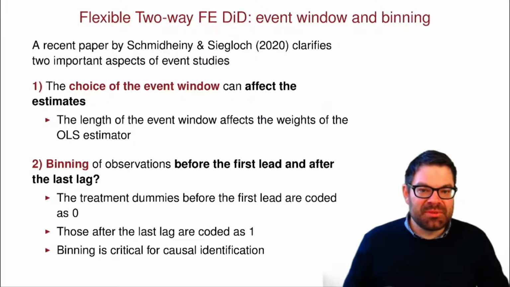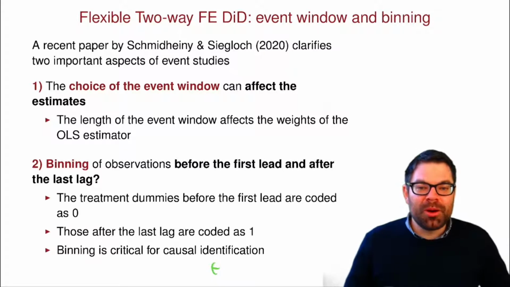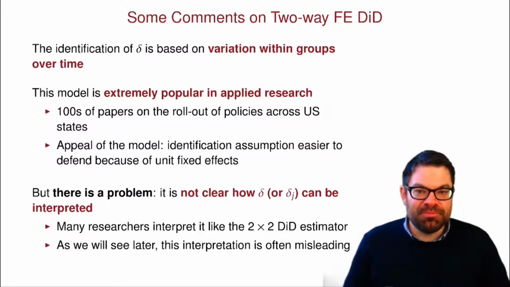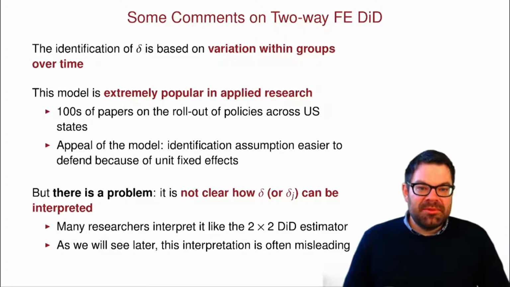That's what's called binning. And what they show in that paper is that coding is absolutely critical for causal identification. So some comments on the two-way fixed effect difference in difference estimator.